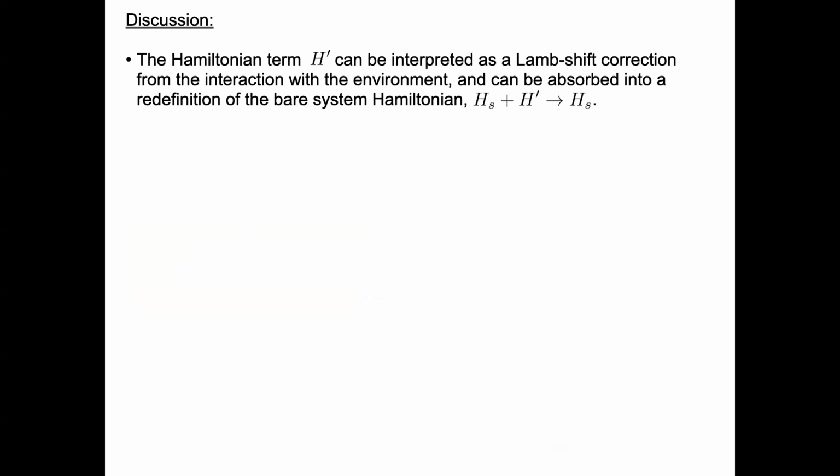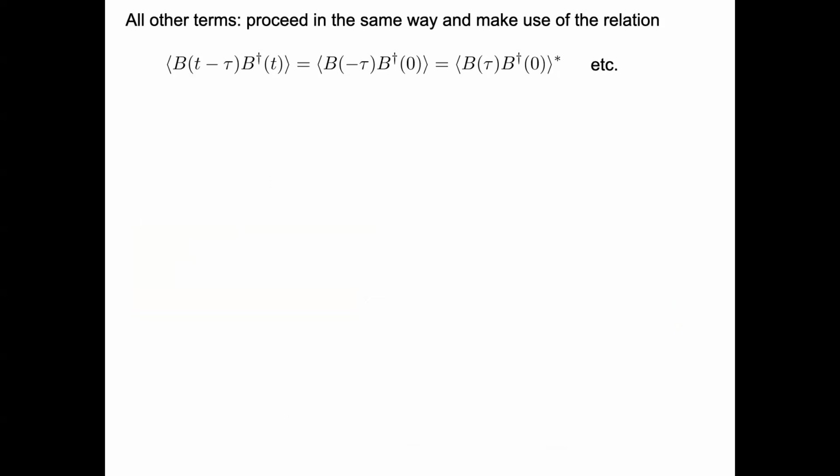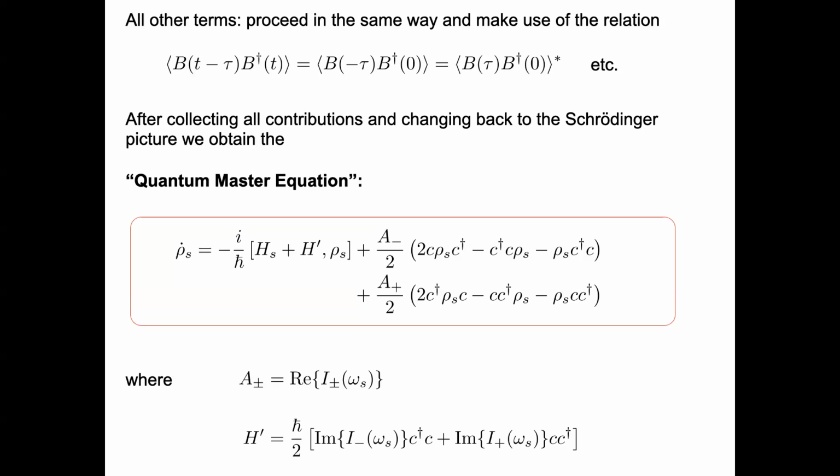Just a small remark on this H prime. We see that any coupling gives a Hamiltonian correction, which so far we didn't get from the Wigner-Weisskopf theory. Whenever you couple to the environment, you can emit the photon and it escapes, but you can also virtually excite a high-frequency photon and then come back.